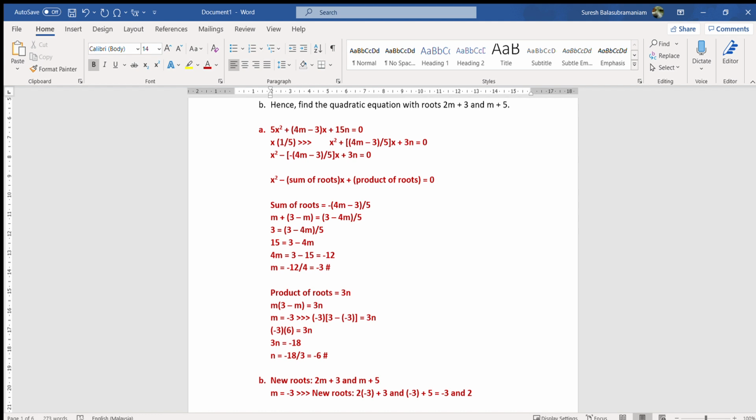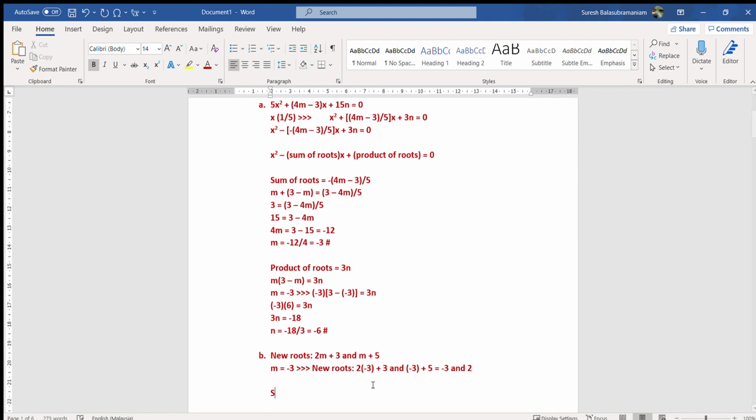The question asks us to form a quadratic equation with these roots. I can first find the sum of the new roots: negative 3 plus 2 equals negative 1.